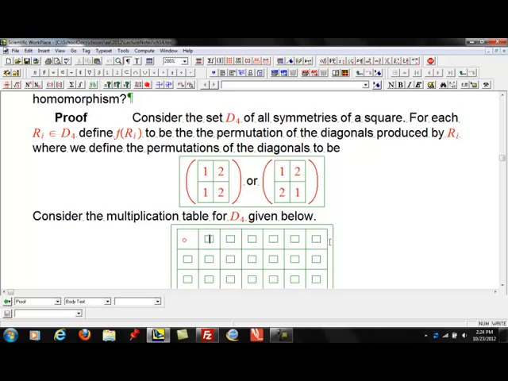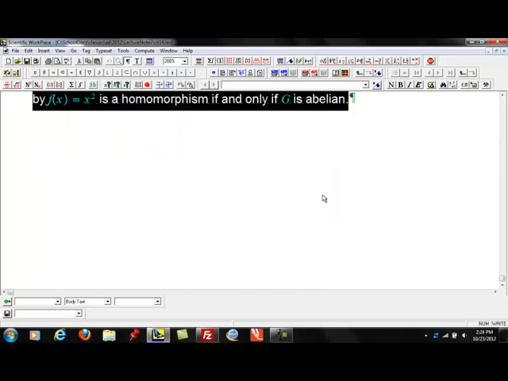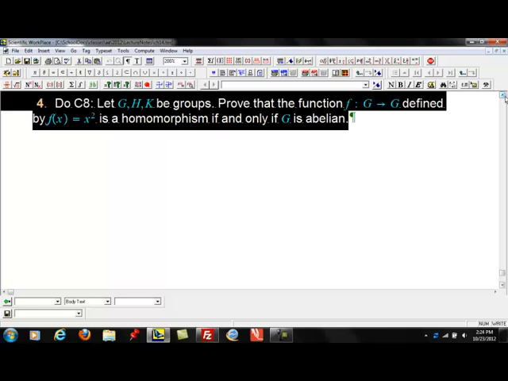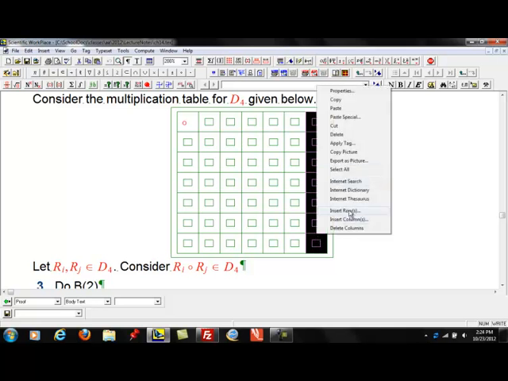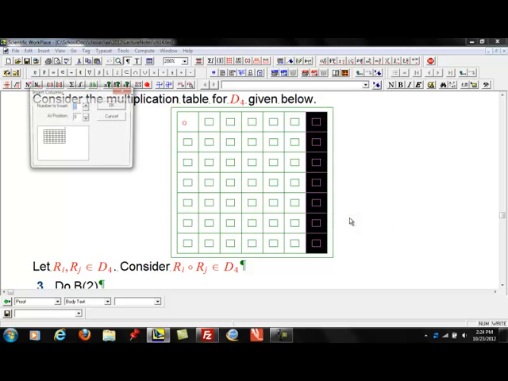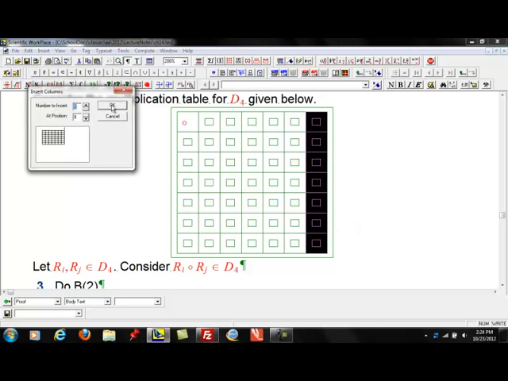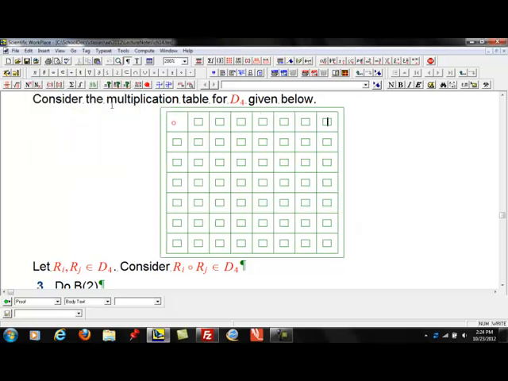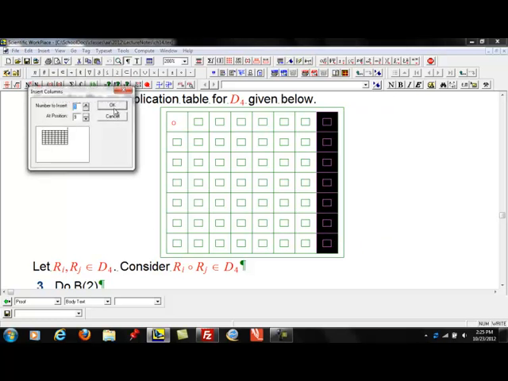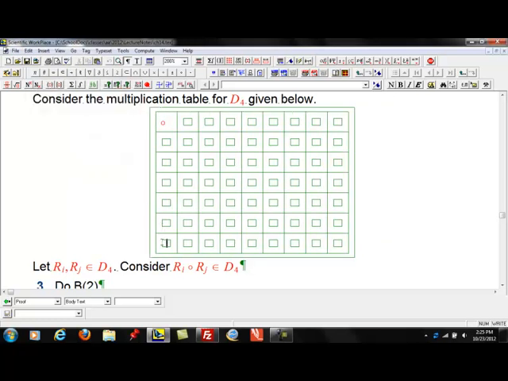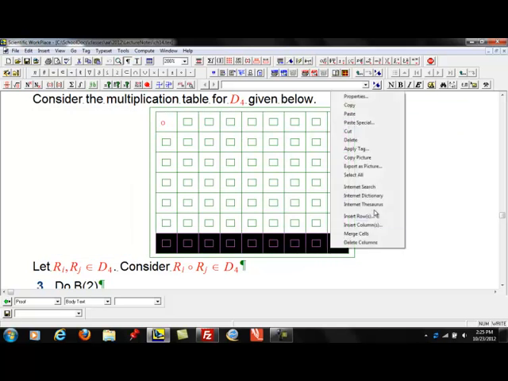So that means we need to insert a column here, because it's 0 through 7, right? So I need 9 actually, because I need an extra. And then let's insert rows.